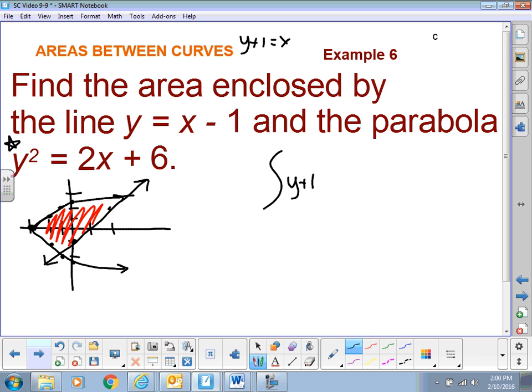In our other function, if we get x by itself, we will have y squared minus 6 over 2. And the nicer way of writing that will be 1/2 y squared minus 3. So we'll subtract that, and it's got to be in parentheses because we're subtracting both parts. And this is going to be dy.